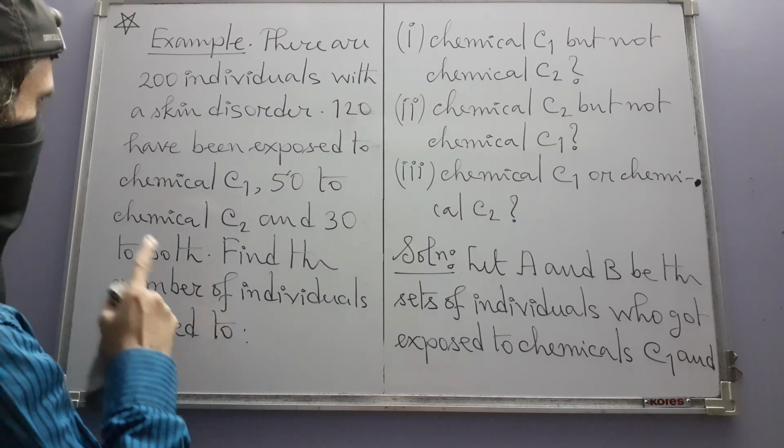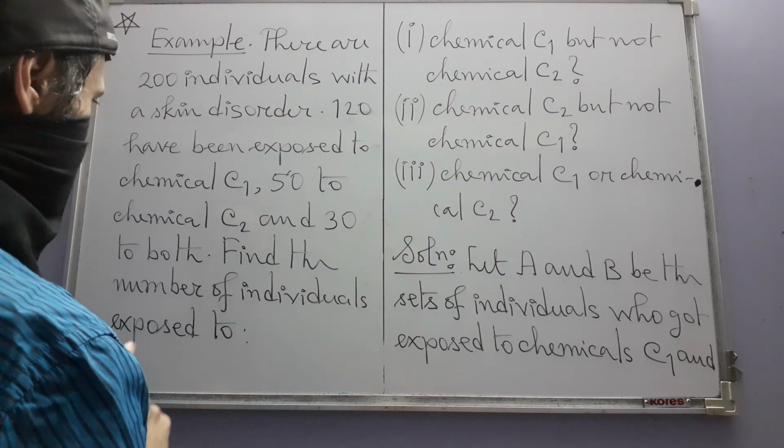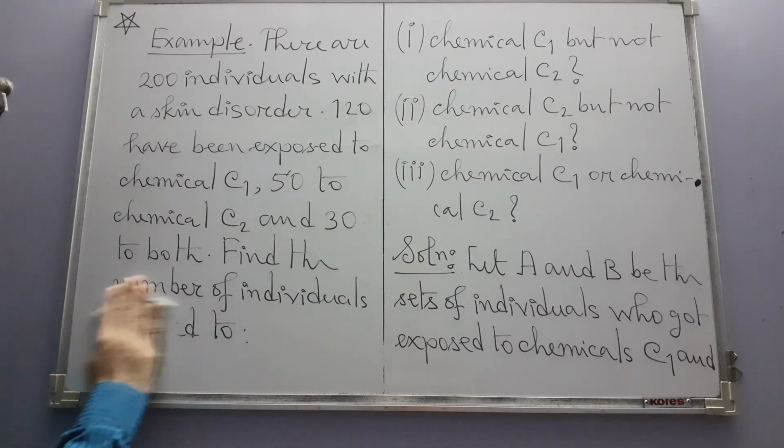So there are 200 individuals with a skin disorder, 120 have been exposed to C1, 50 to C2 and 30 to both. Okay, so all the things are given.